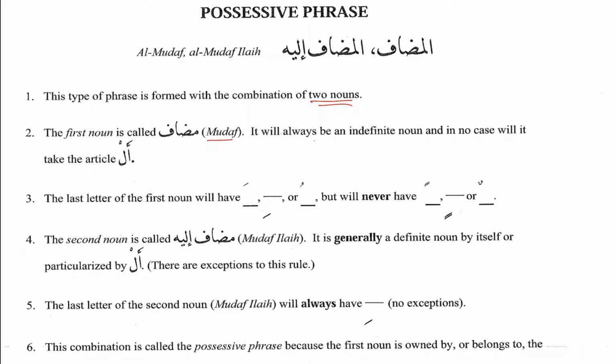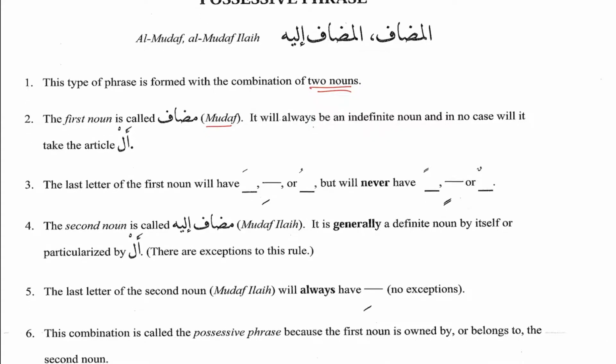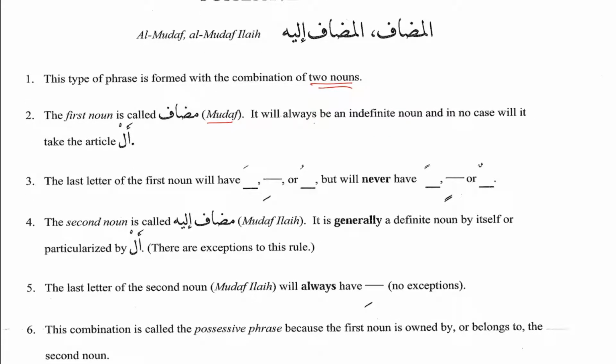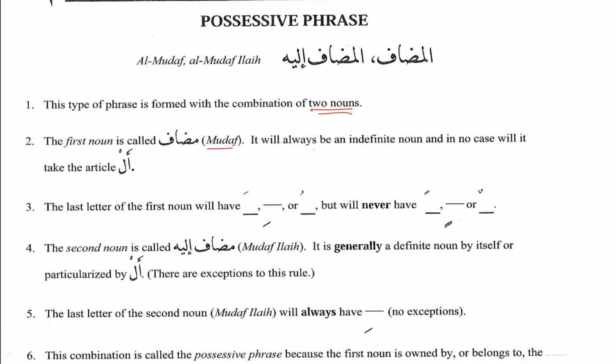The mudaf is always possessed by the mudaf ilaih. Sorry, the mudaf ilaih is the one that possesses the mudaf. The second noun is the one which possesses the first noun. This is the whole concept of the lesson.